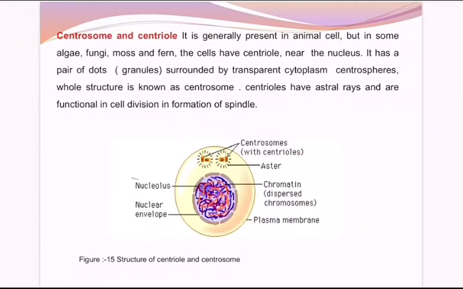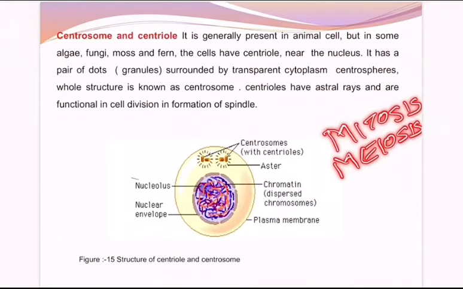So you must remember that there will be spokes in the centriole. And what are the functions? Centriole can be transformed into basal bodies, which give rise to cilia and flagella, and centrioles help during mitosis as well as meiosis.